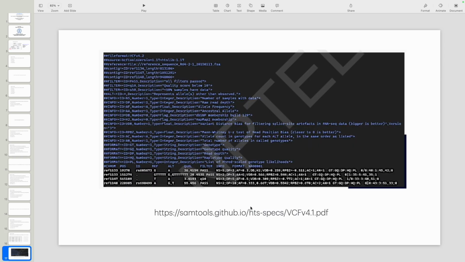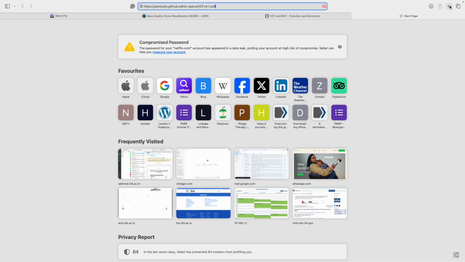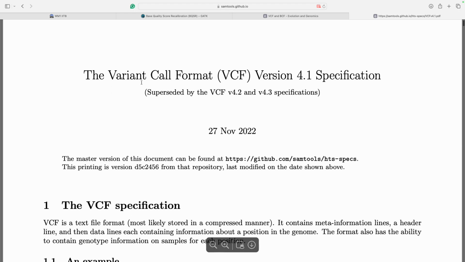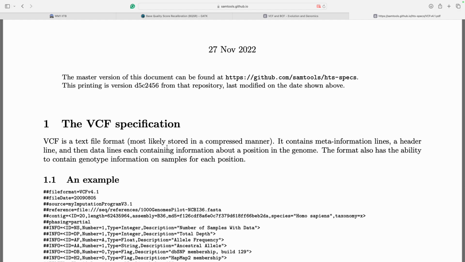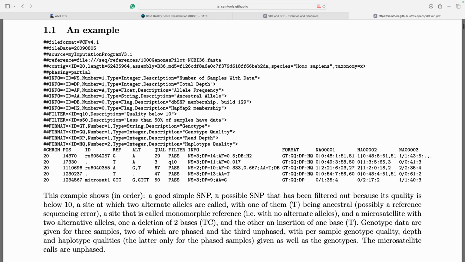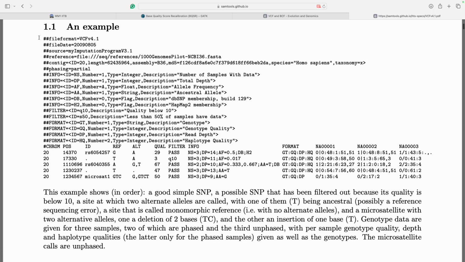So when we look into the file, this is the manual for the variant call format, so you can look into it even after the class. Here everything is elaborately explained. Here this is the meta information, this is the header line, this is the data line, and each has certain fields.